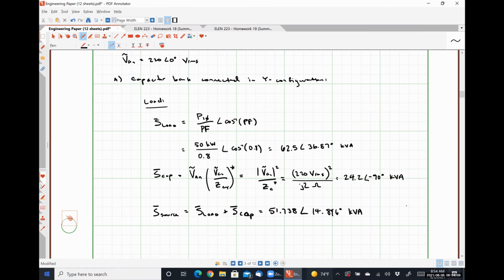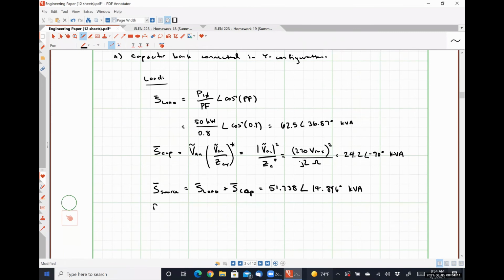And so our power factor for a Y connected bank is just going to be the cosine of 14.896 degrees.